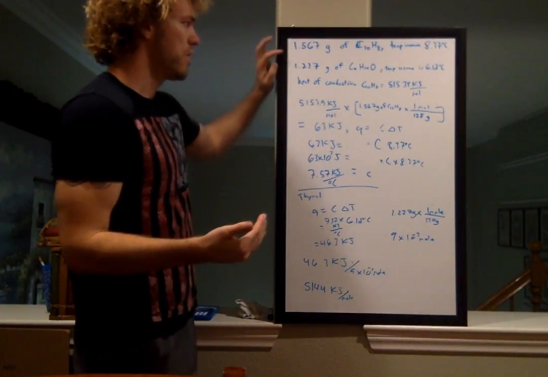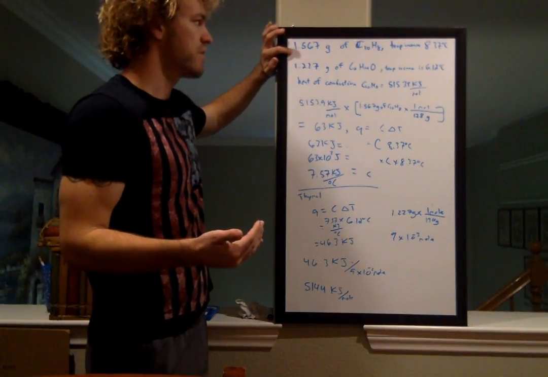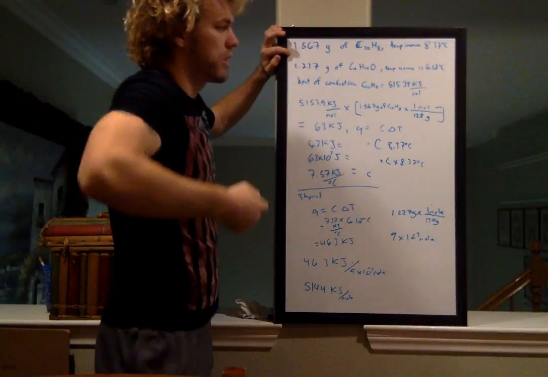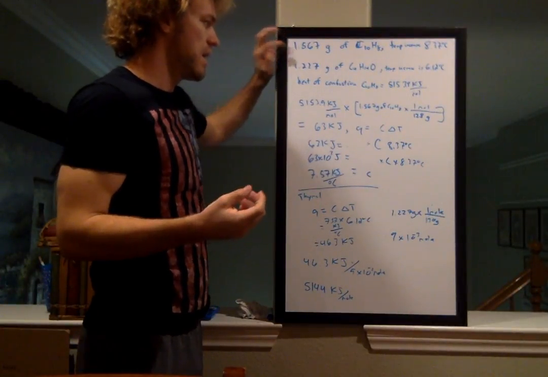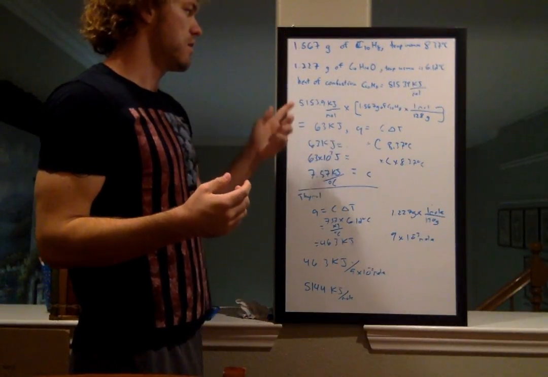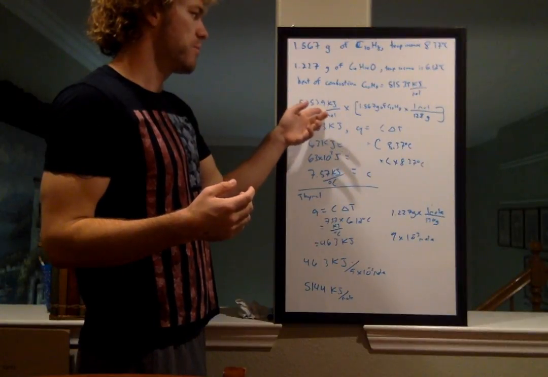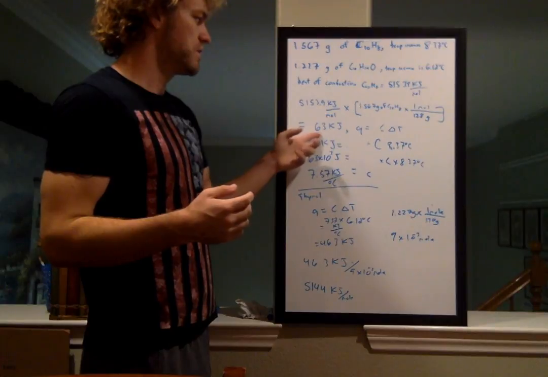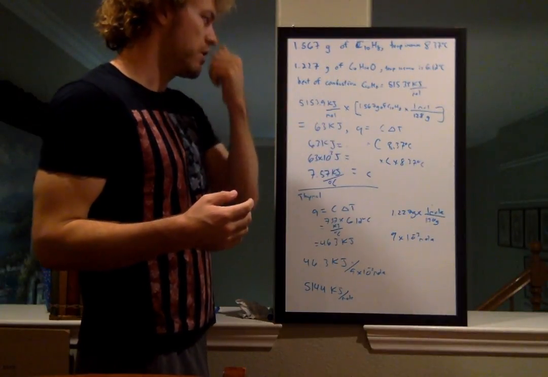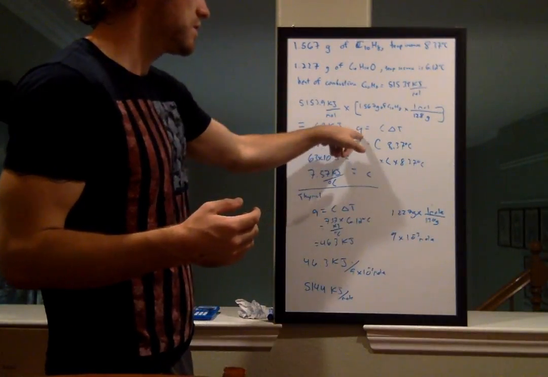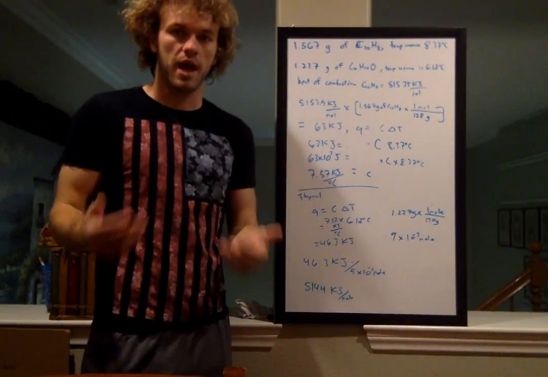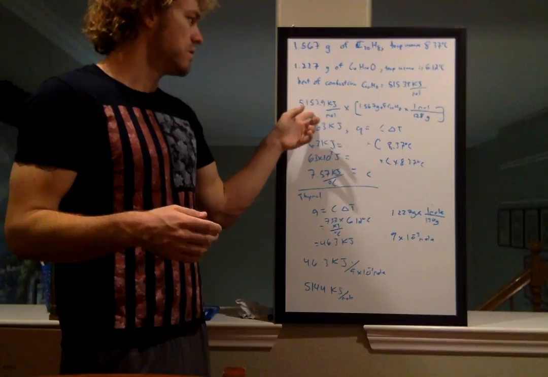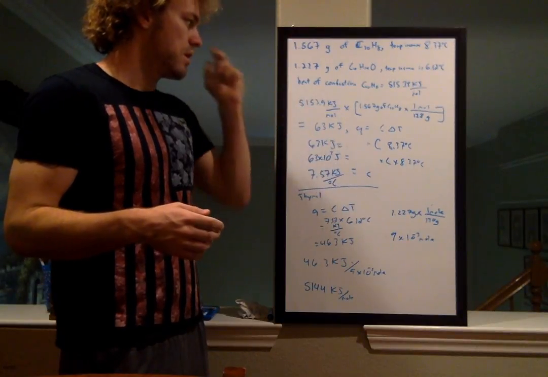To do that, we take our 1.567 gram sample and divide it by its molecular weight, which is 128 grams, and then multiply our 5,153.9 kilojoules per mole by this quotient, and we'll get 63 kilojoules. And we know that is going to be our heat, but we're not setting it equal to MCΔT now because we divided out our masses solving for the problem.